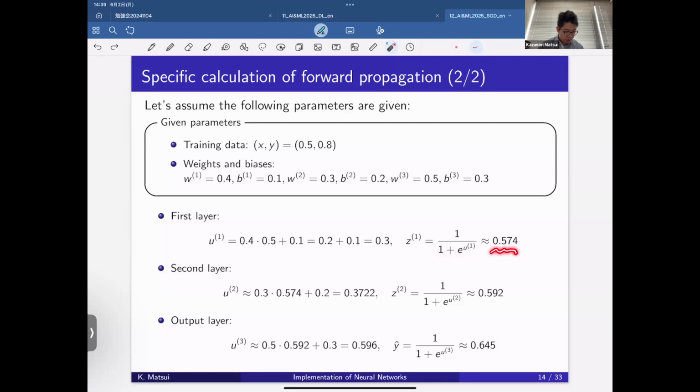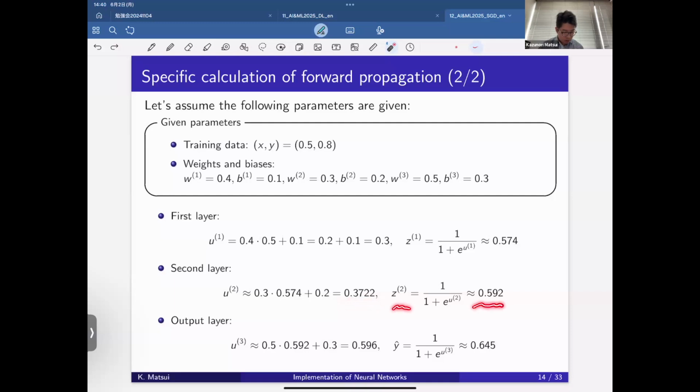For the second layer, we multiply 0.574 by weight 0.3 and add bias 0.2. Then we get 0.3722. Since u2 is determined, we use this to calculate z2. z2 is 0.598.